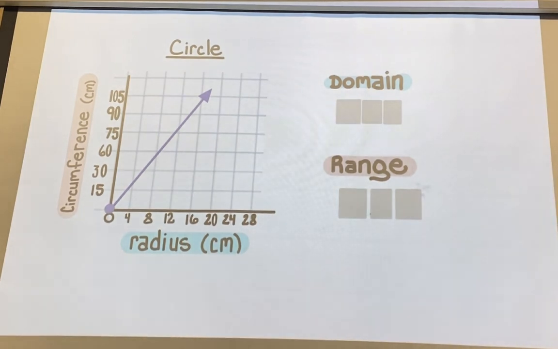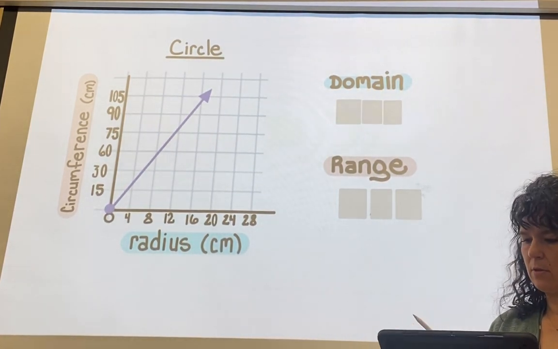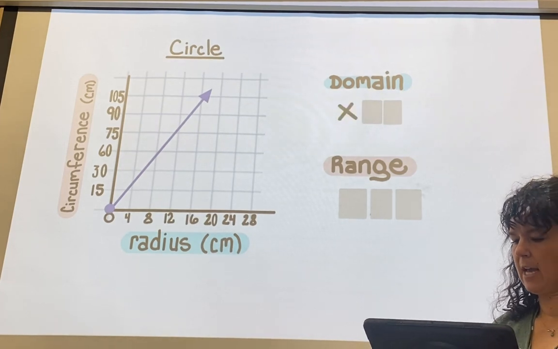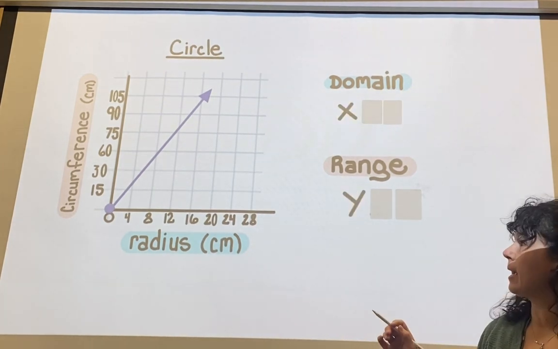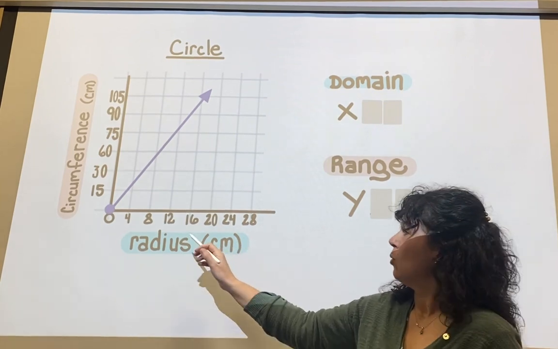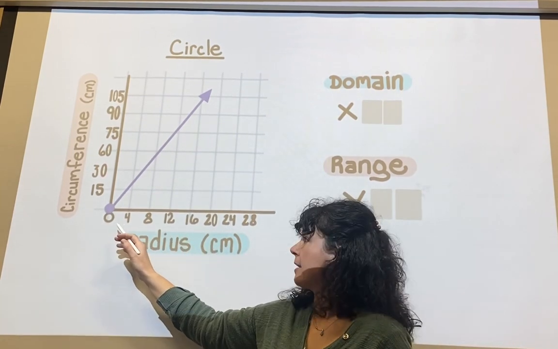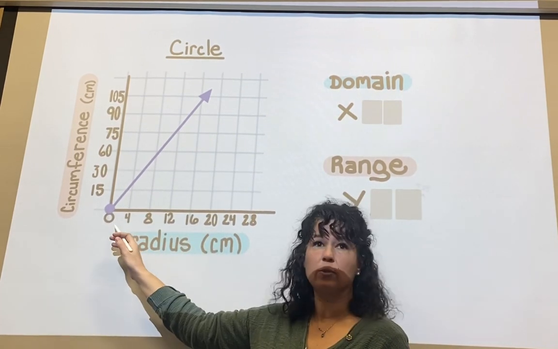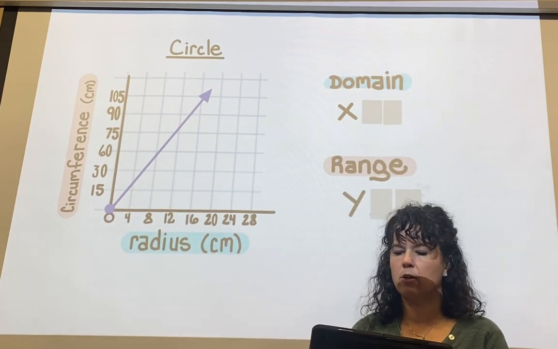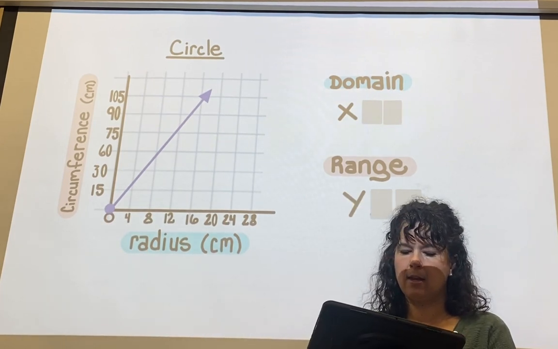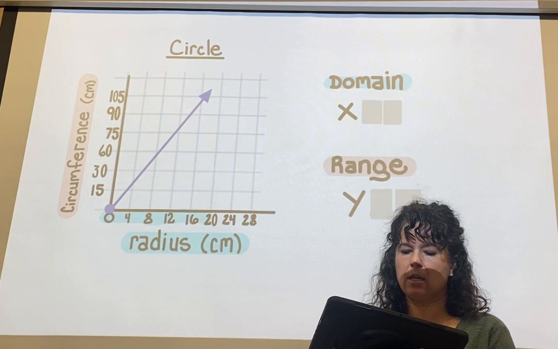But thinking about our domain being the x and the range being the y, what's the smallest that the radius could be? 0, nice job. And then what could it be? How big a circle could you make?